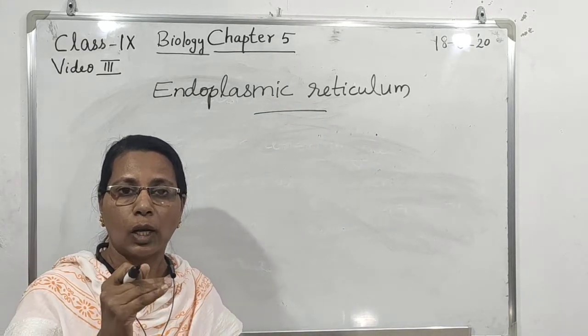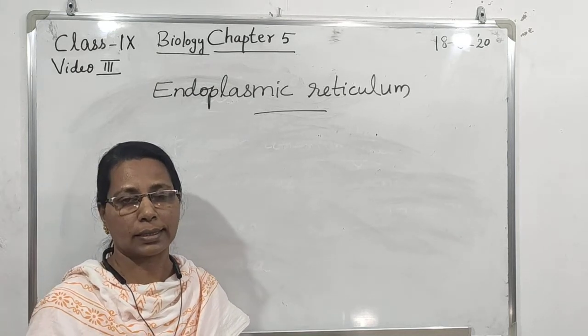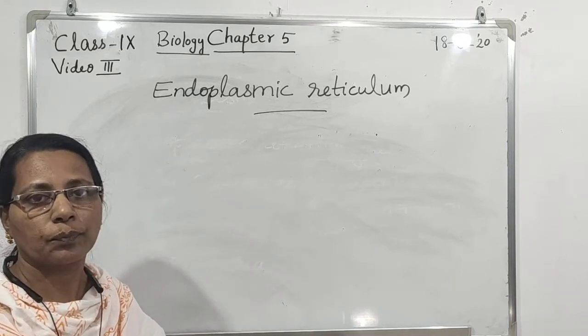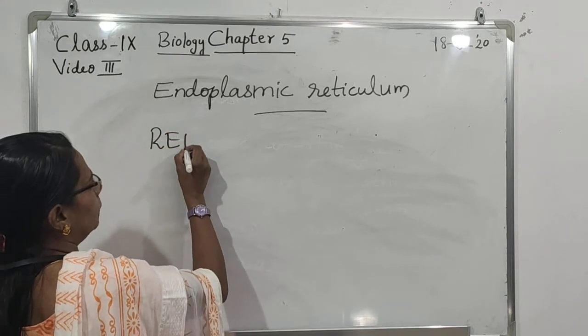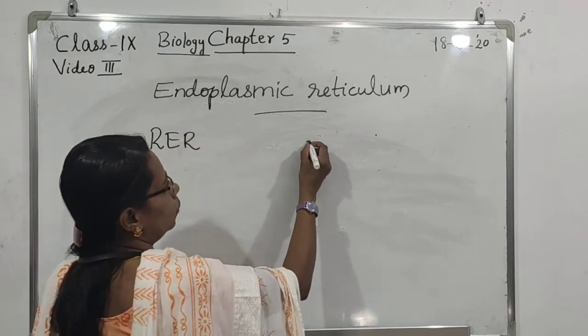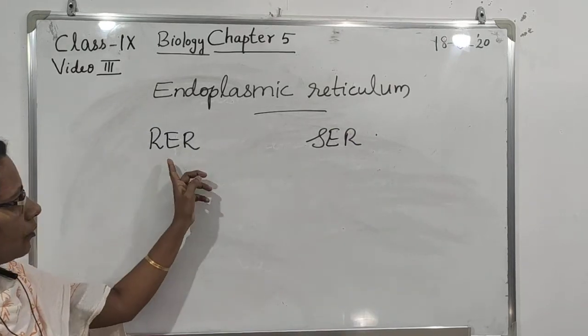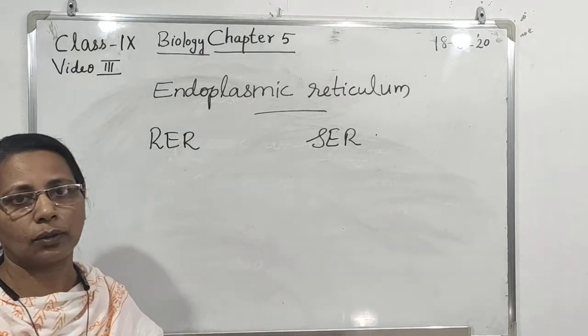It looks like long tubules or oblong or round bags. There are two types of endoplasmic reticulum, that is rough endoplasmic reticulum and smooth endoplasmic reticulum.